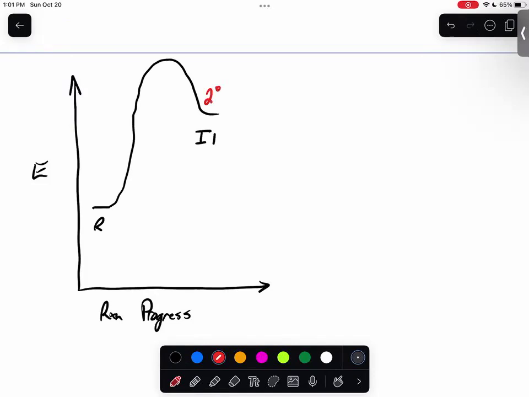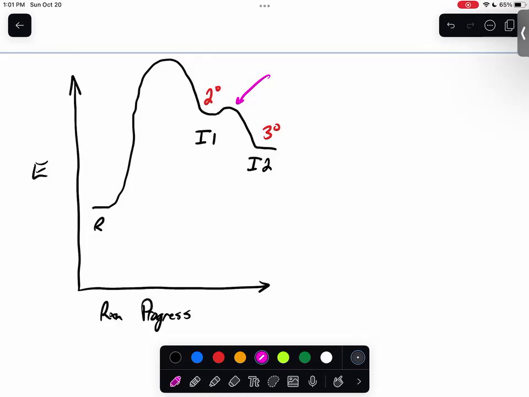If the hydride shift occurs, what happens is that it just immediately drops down to where it is now a tertiary carbocation, which makes up for a little bit of energy, right? And this activation energy right here is practically meaningless, right?